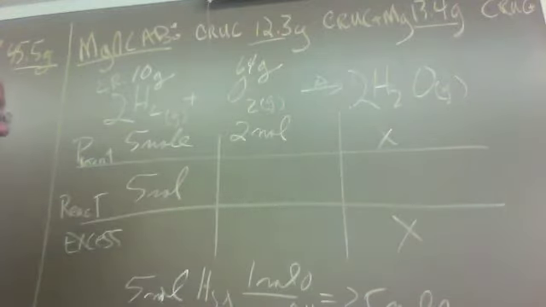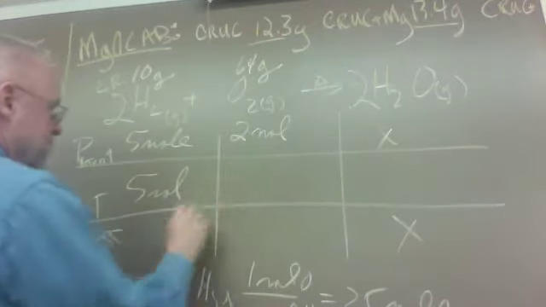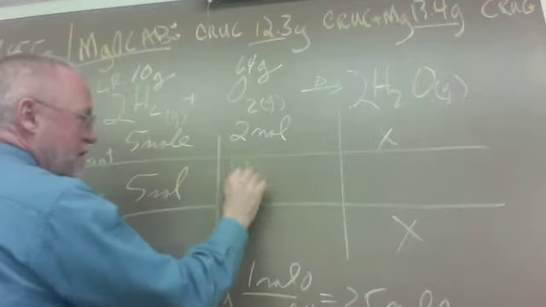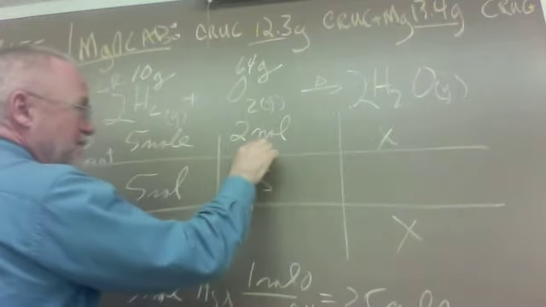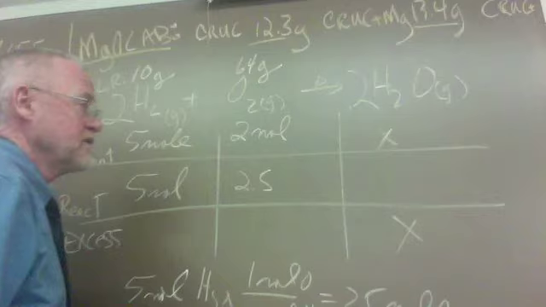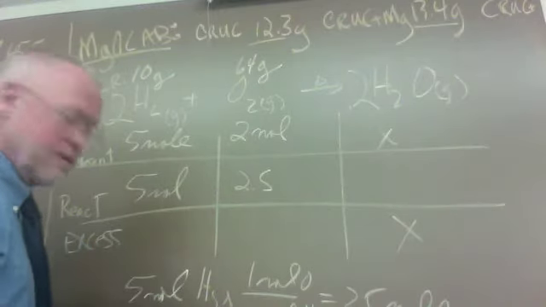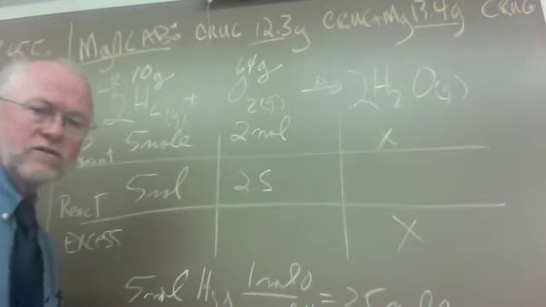Okay? Well, if we go here, we don't have 2.5. So the hydrogen's not our limiting reactant. We chose the wrong one.